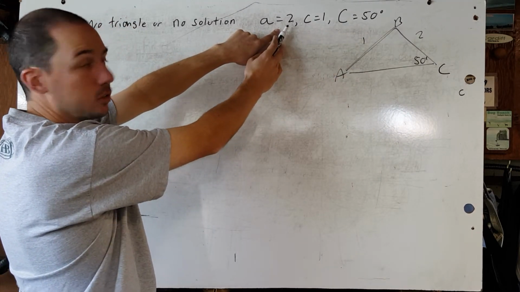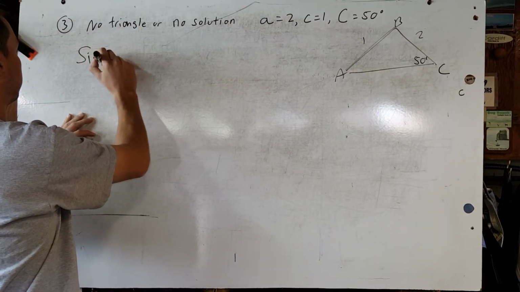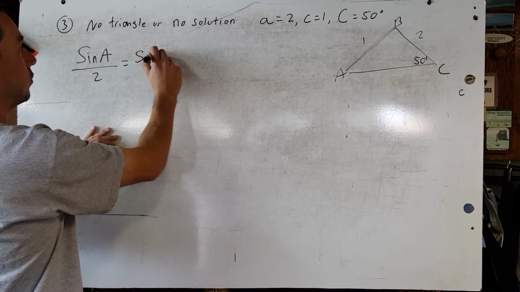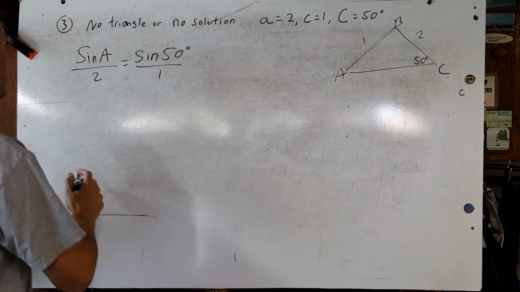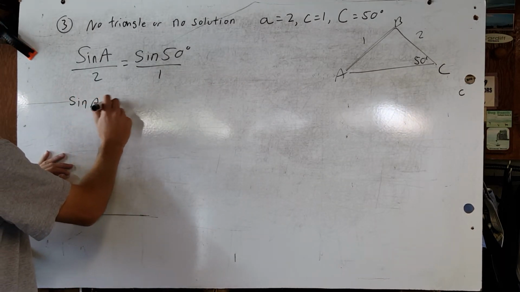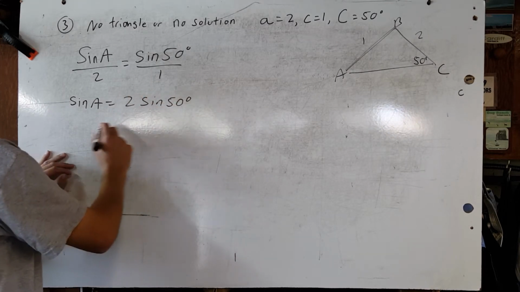Only thing we can solve for right now is angle A. So the sine of angle A over 2 is equal to the sine of angle C, which is 50, over 1. Multiply both sides by 2 to get sine of A equal to 2 sine of 50 degrees.